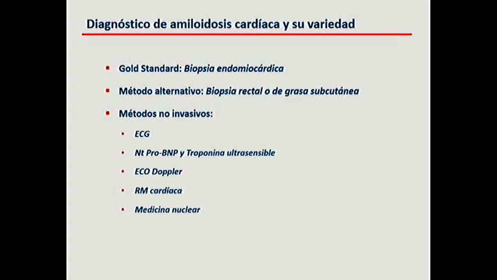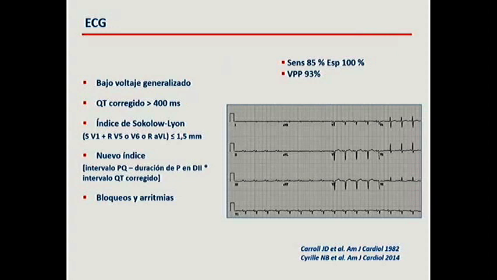The gold standard would be biopsy. Non-invasive methods, as we were saying, are the EKG, echo-Doppler, MRI, pro-BNP, highly sensitive troponin, and the nuclear medicine scans that are going to occupy us now. We were talking about the EKG. This is something that we saw. The EKG has a positive predictive value that is very important.